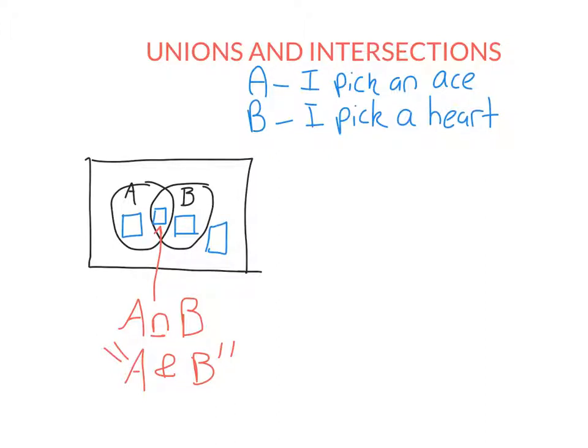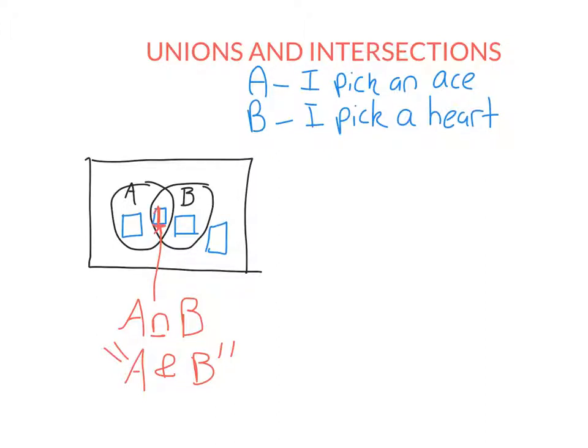If I'm talking about cards, aces and hearts, it turns out there is one card that is both an ace, so it's in the A circle, but also a heart, so it's in the B circle. It's the ace of hearts. So the number I put in there is 1.